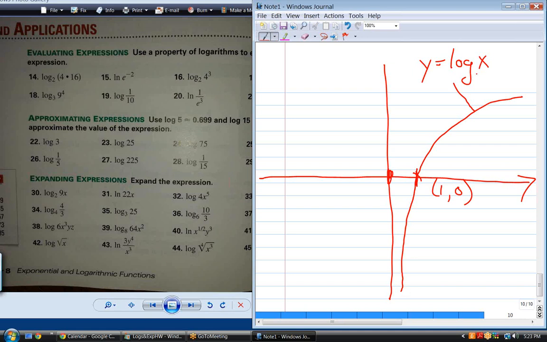In other words, if I were to take the log of 0.00001, I'd be at like negative a million. And in fact, as you go to 0, the log goes to negative infinity, and it never hits 0. You cannot take the log of 0, any log, common log or otherwise. It's not in its domain.